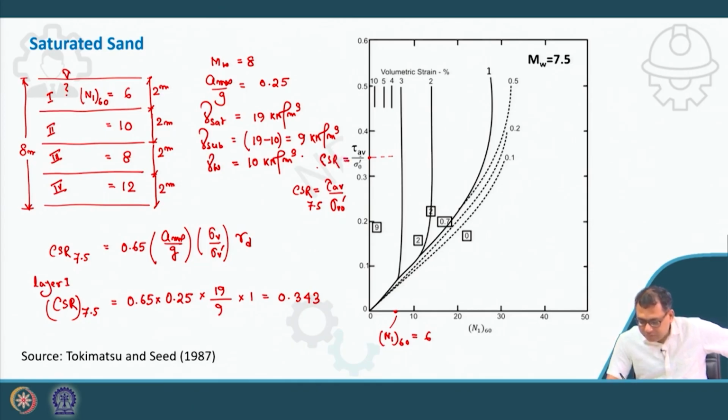Now, if I draw it, it will be this line.